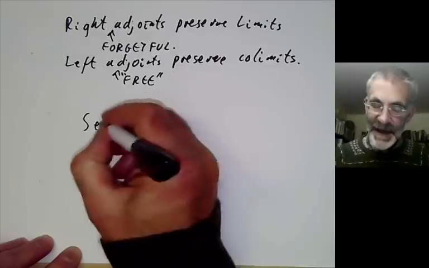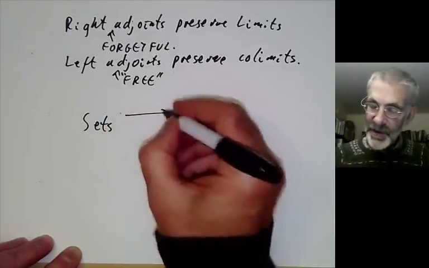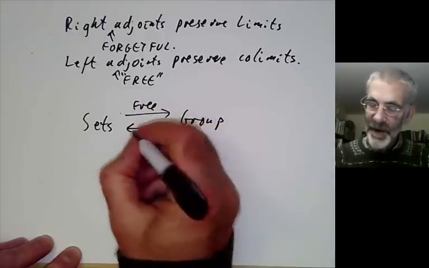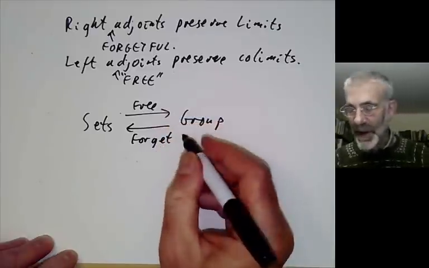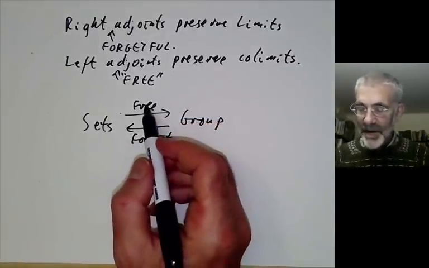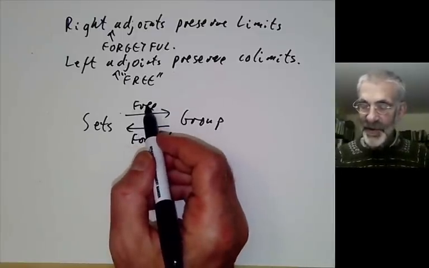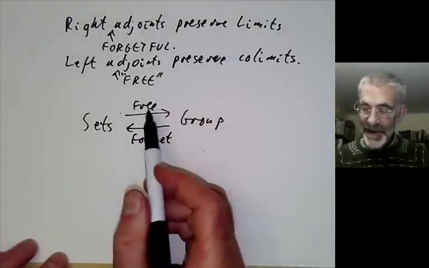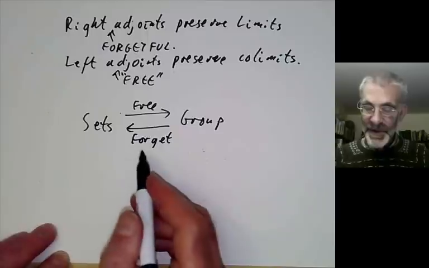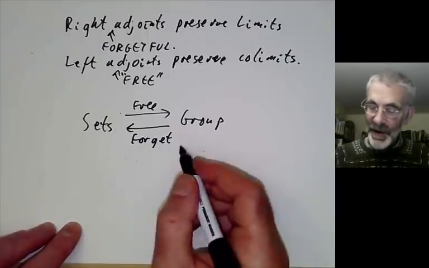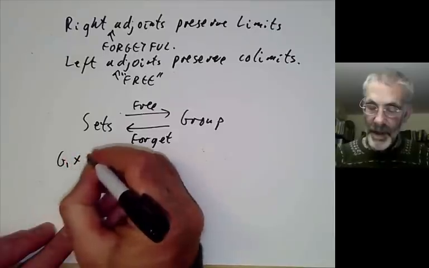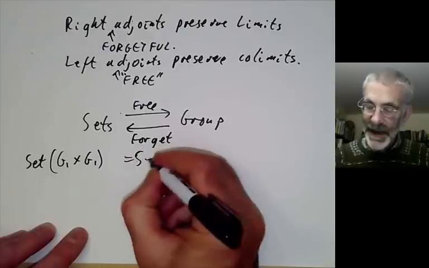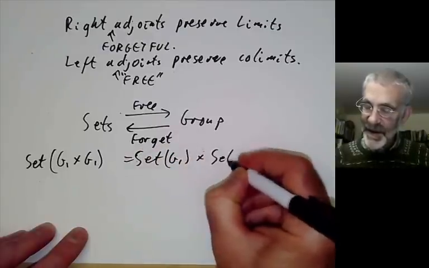So if we've got the map from sets to groups, we can take the free group on a set and we get a group, or we can take a functor going the other way where we just forget the group as a set and we get a forgetful functor back to groups. So we remember from the lecture on adjoints that this is a left adjoint to this functor here. So the fact that right adjoints preserve limits says that taking the forgetful functor should preserve limits. So a typical limit might be the product. So if we've got a product of groups and we take the underlying set of G1 times G2, this is just equal to the set underlying G1 times the set underlying G2.